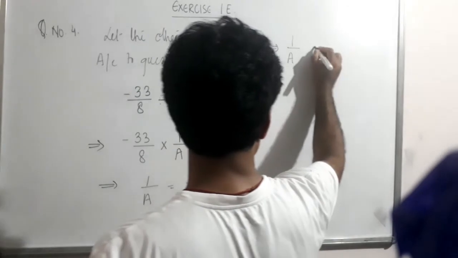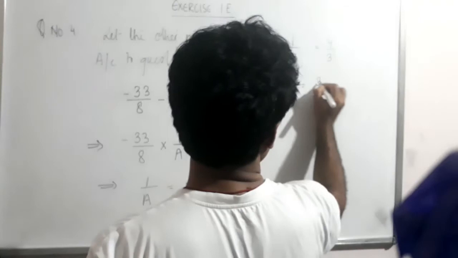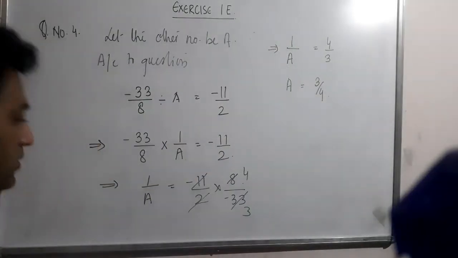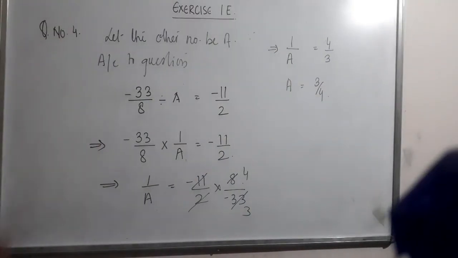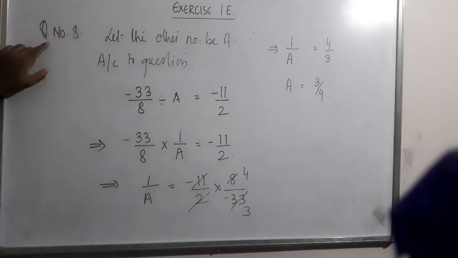One by A is equal to 4 by 3. Therefore, A is equal to 3 by 4. This is how we solve question number 8.